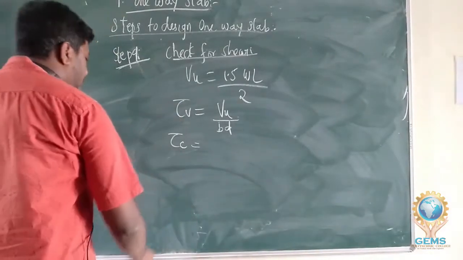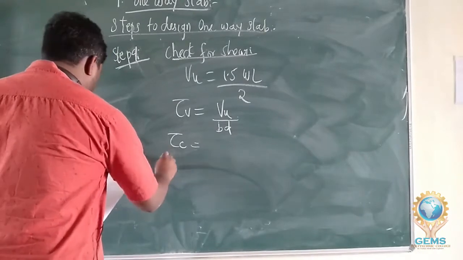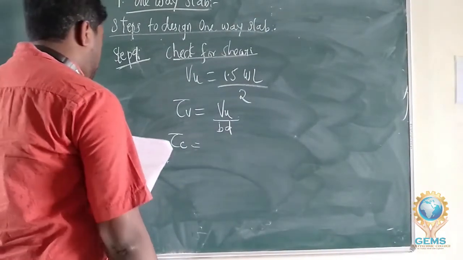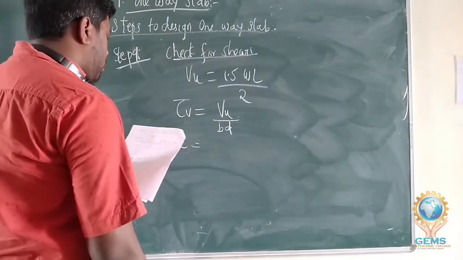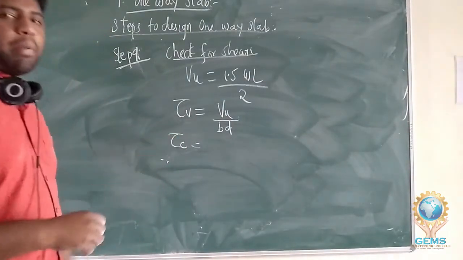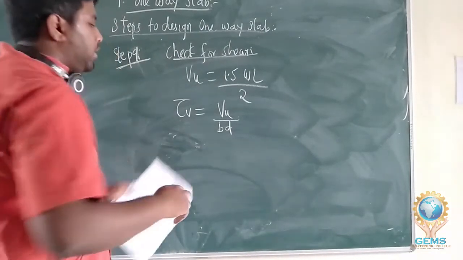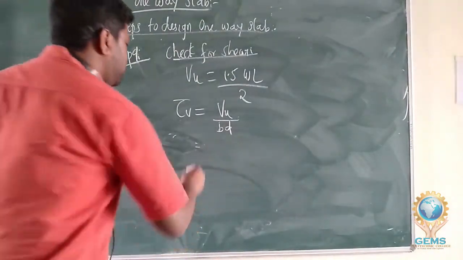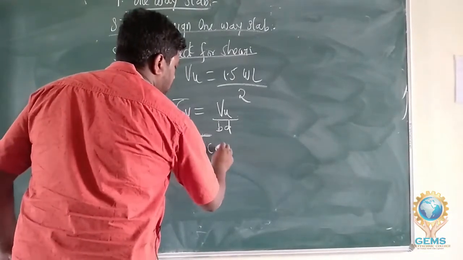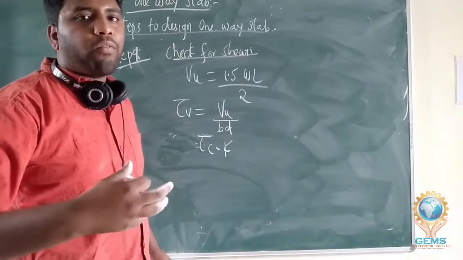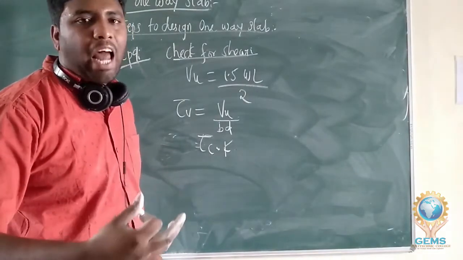You will compare these two values. So it should be tau c for slabs. The design shear strength for concrete shall be taken as tau c into K. See, for slabs, the design strength of concrete is taken as tau c into K. So, how will we check for shear? How is the slab safe in shear?